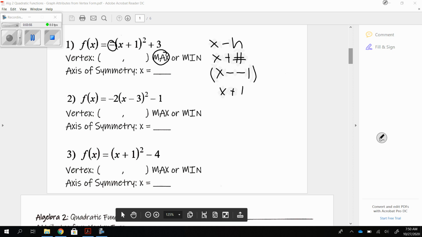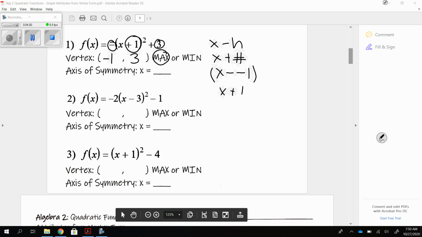Now, if that's a little confusing, I want you to think about it in a different way. Remember when we did absolute value and I said anything inside the parentheses tells a lie? Well, if you see x plus 1, then you know it tells a lie, and really the number is going to be negative 1. Okay? So negative 1 comma 3 is our vertex. Again, I got the 3 from right here.